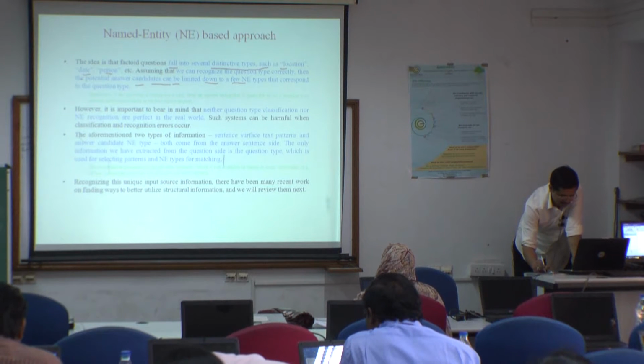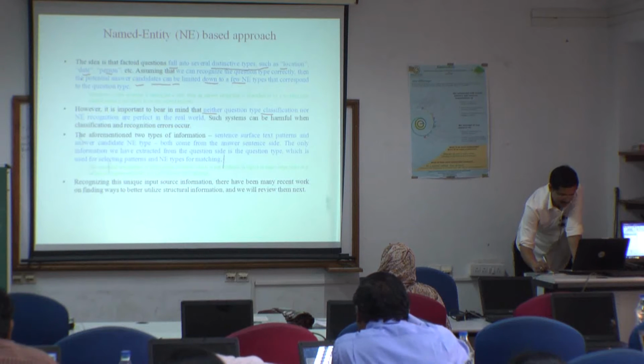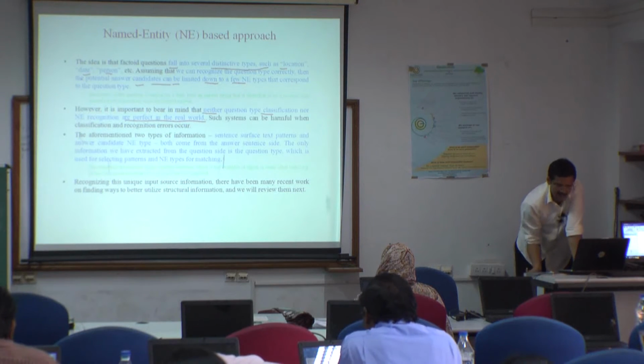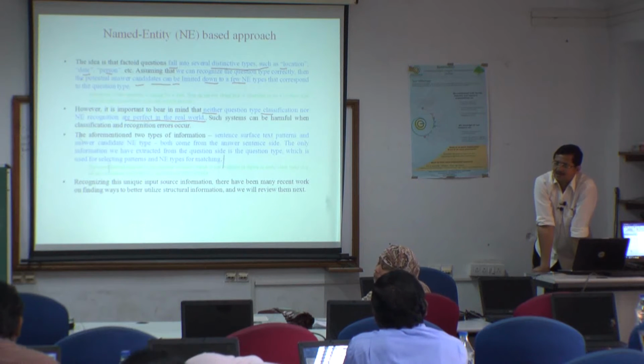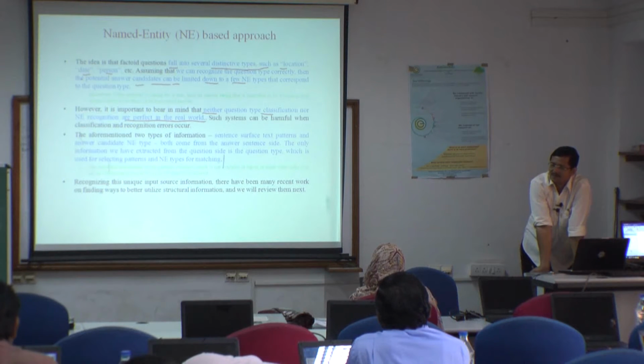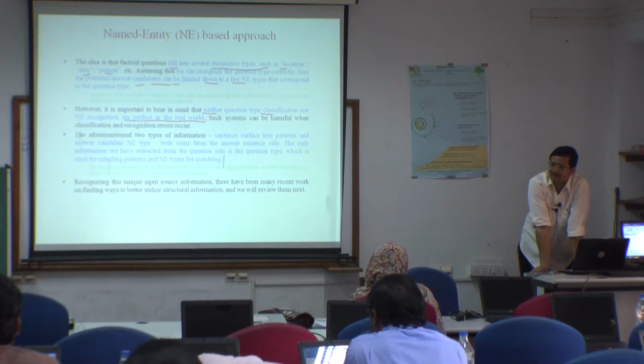It is important that neither question type classification nor named entity recognition is perfect in the real world. The problem is that the Stanford named entity recognizer is the world's most famous and one of the best known named entity recognition systems.